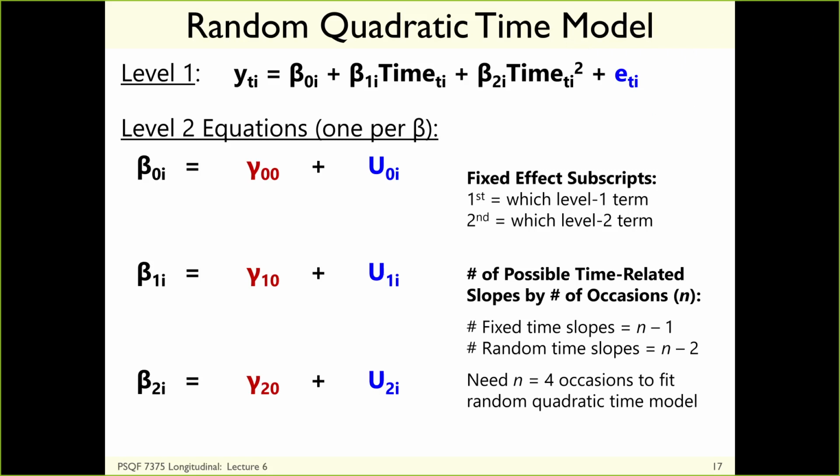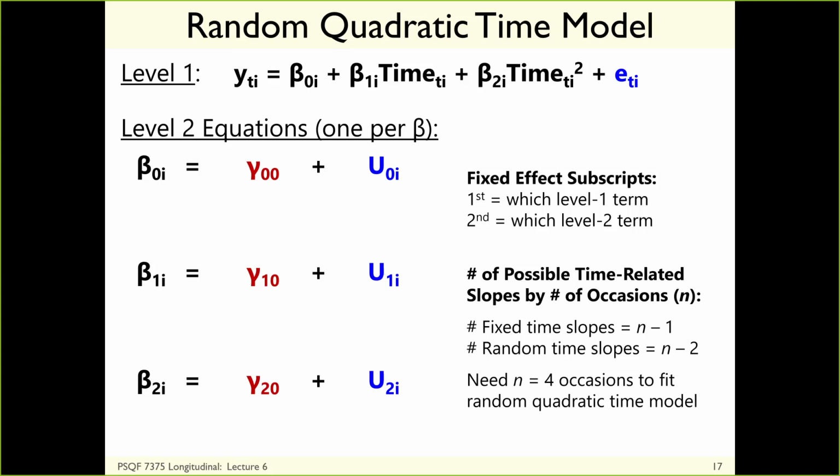e is the difference between where the model predicts your outcome to be based on your own curve. So each person is getting their own brand of bendy line here. And e is how far off each occasion outcome is from the bendy line predicted for them. That's a lot of lines, yes.